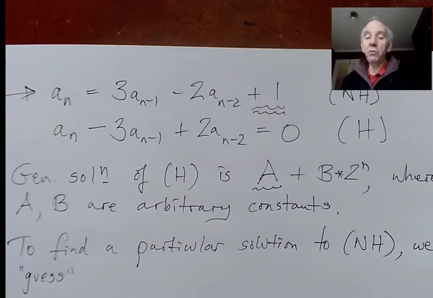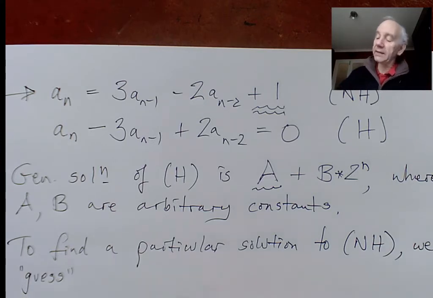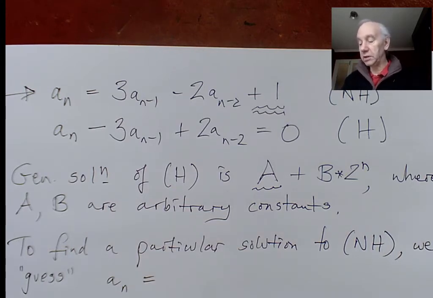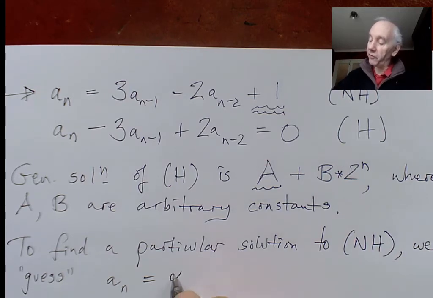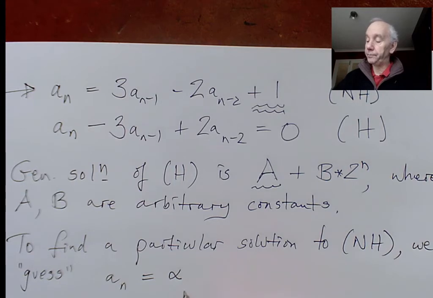So what you do is you multiply what you would have guessed by n. We guess a_n is equal to some other constant. It's a bit dangerous, but I normally use alpha for this, as long as you realise alpha is not n. Alpha, a constant.